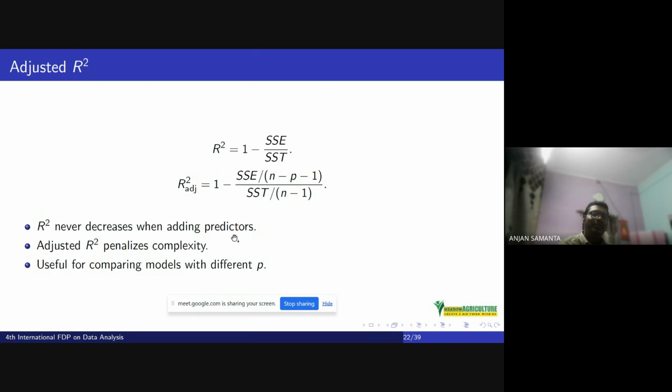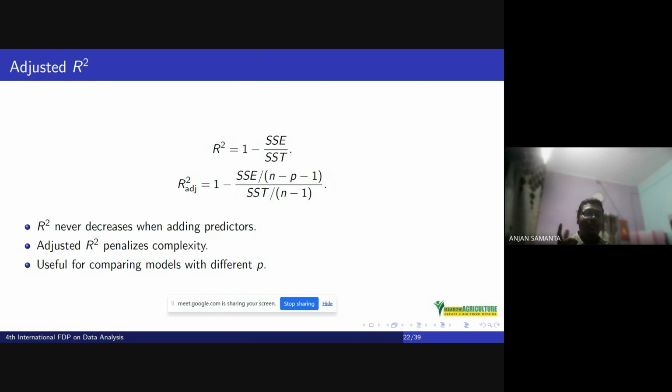So if you add predictors, that means the inputs, R square always increases. That will be a difficult thing to understand, because sometimes a model parameter, suppose with the crop yield, how much I scored in my HS, is not important to the crop yield. That is a vague, absurd parameter. But if you introduce that also, R square will increase.